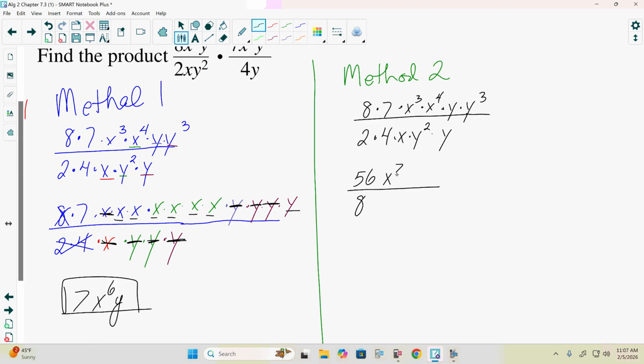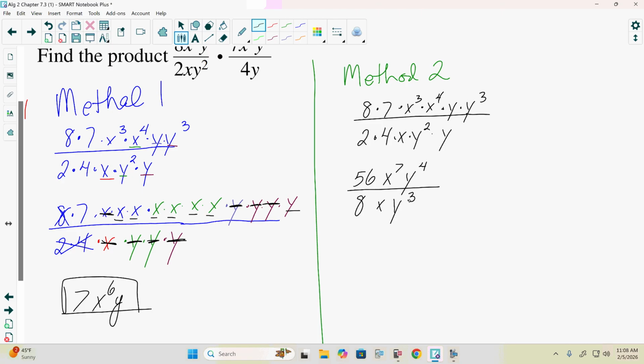Our y is on top. We have y times y to the 3rd. 1 plus 3 is. On bottom, we only have one x, so we still just have x to the 1st. Y squared times y. 2 plus 1 is. So you're telling us we have y cubed.